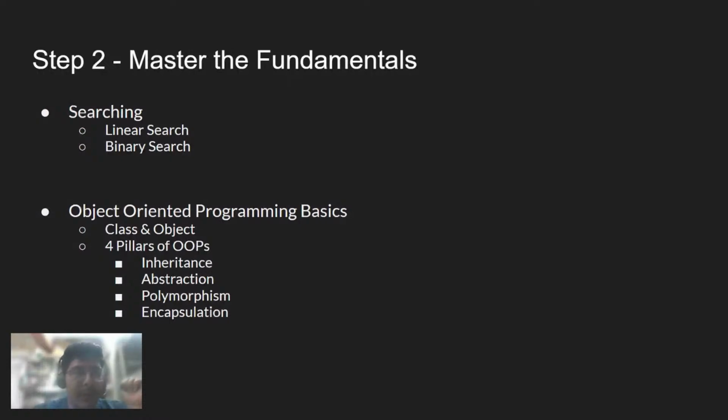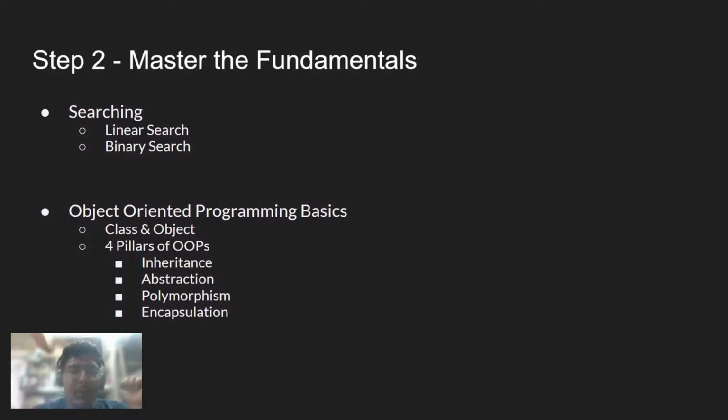Then, moving on to the final topic of our fundamentals, that is object-oriented programming. Now, object-oriented programming, or OOPS, as many of you know it, is not exactly DSA, but a different topic.